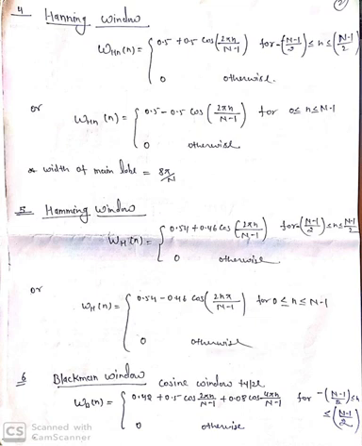The Hamming window function is given as w_H(n), which equals 0.54 plus 0.46 cos(2 pi n divided by (N minus 1)) for minus (N minus 1) divided by 2 to (N minus 1) divided by 2, or 0 otherwise, or w_H(n) equals 0.54 minus 0.46 cos(2 pi n divided by (N minus 1)) for n from 0 to N minus 1.